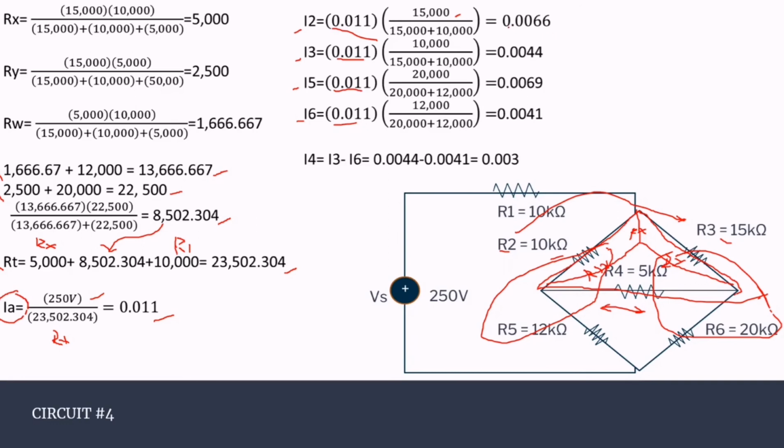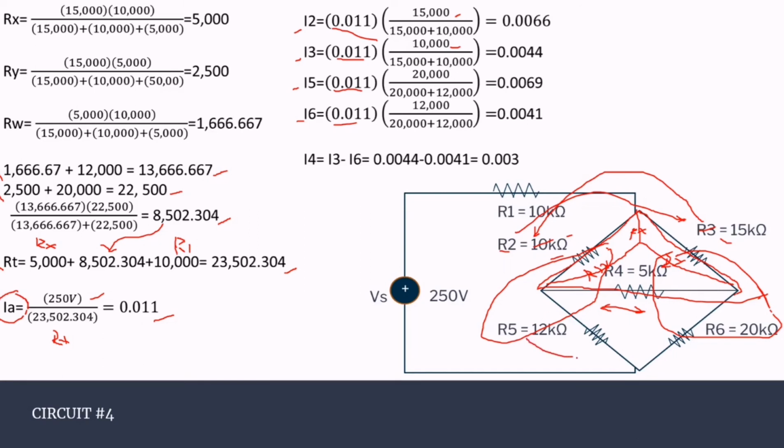So it will be equal to 0.0066. And for I3, the opposite is R2. So 10K will be the numerator, and for our denominator is R2 and R3. So 10K over 15K plus 10K is equal to 0.0044.